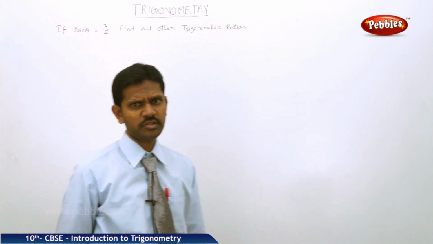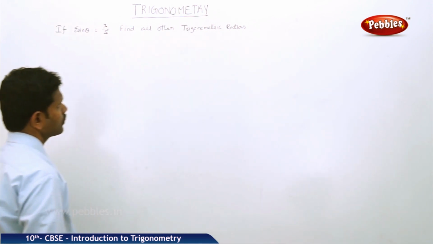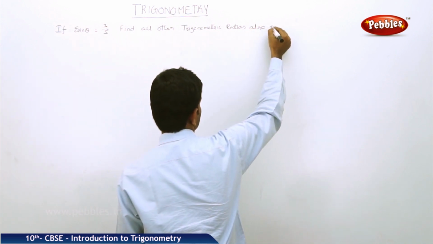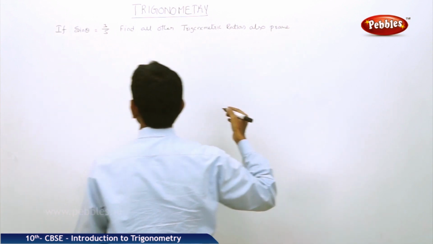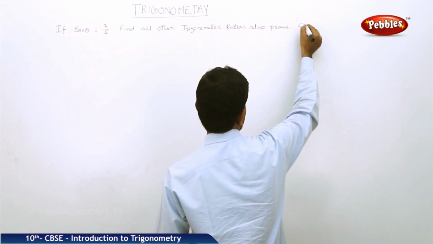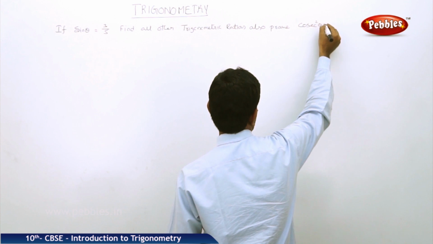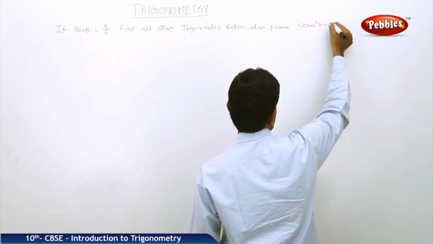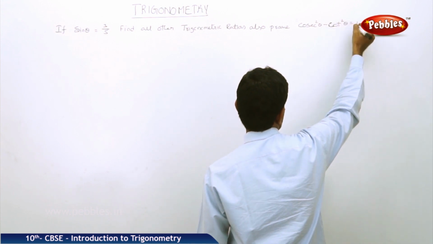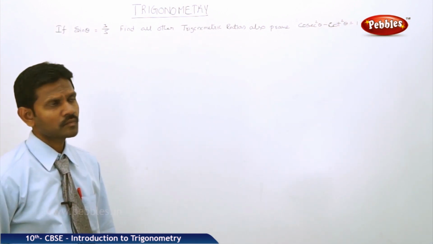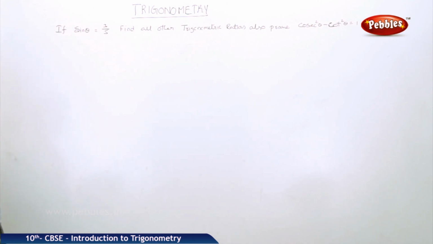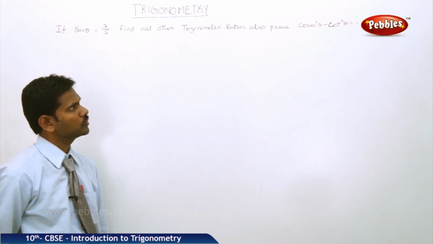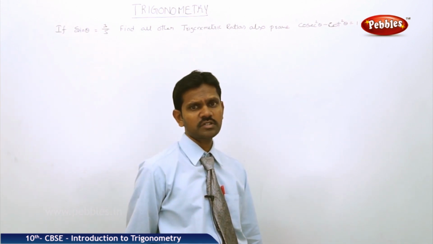Also prove cosecant square theta minus cot square theta is equal to 1.